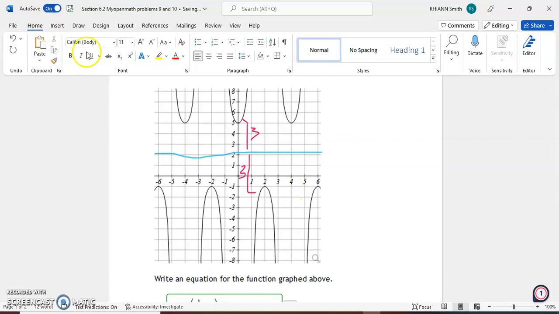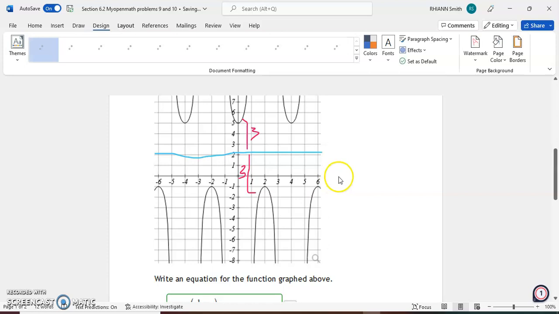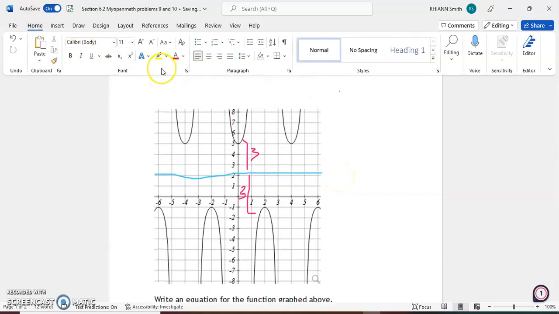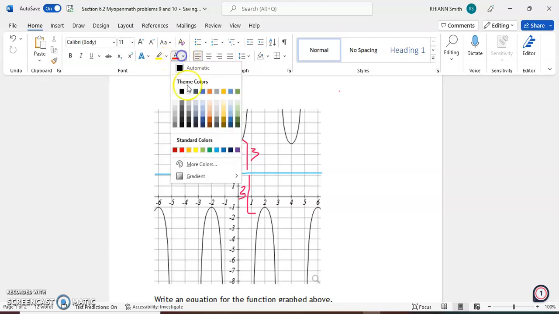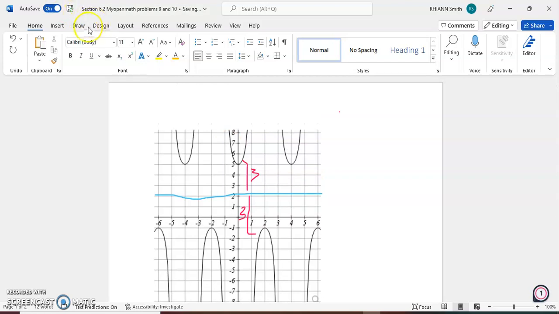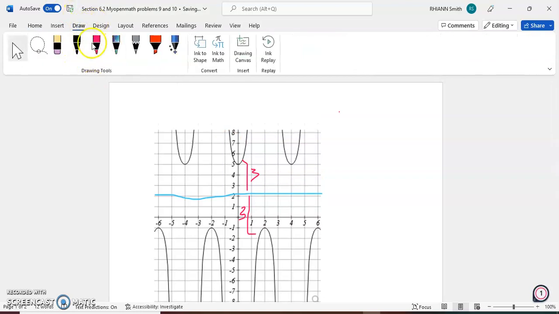And our period is simply going to be how many spaces one max is to another max or one min is to another min. So let me draw that in a different color.